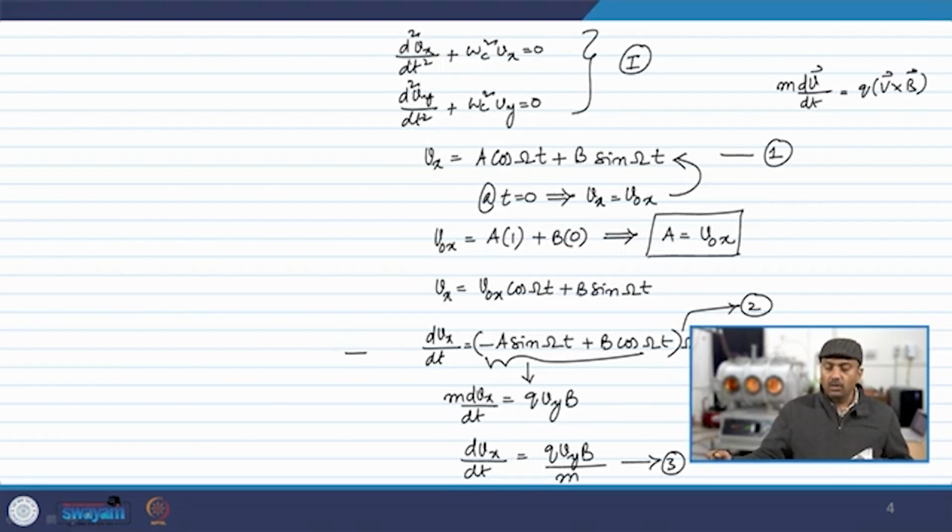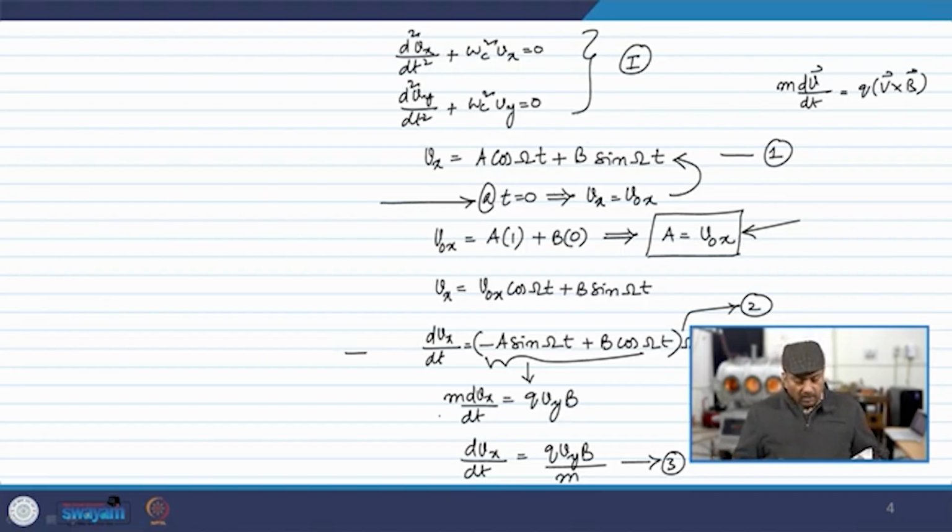In order to find out, I supply an initial condition saying that at t is equal to 0, the velocity along x would be called an initial velocity V0x, fine. So, that gave me the value of one constant out of the two, and then I took a derivative of this velocity and compared it with the equation of motion m dVx by dt, right.